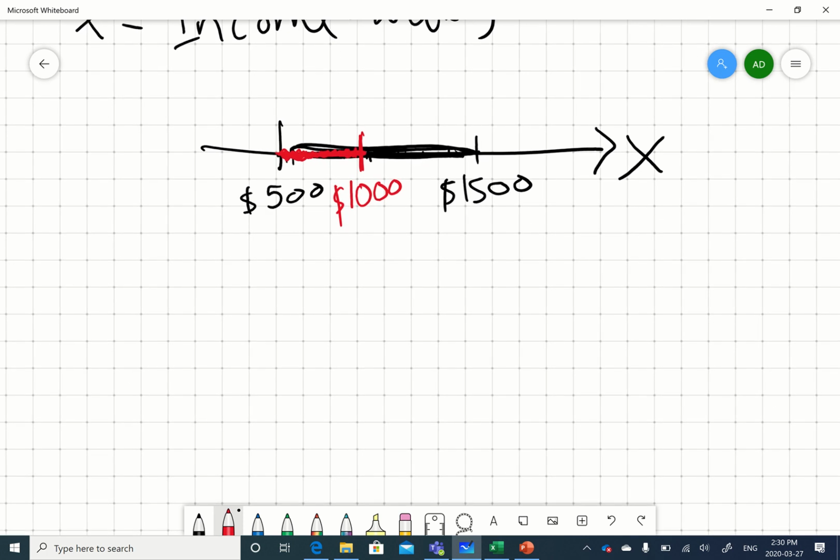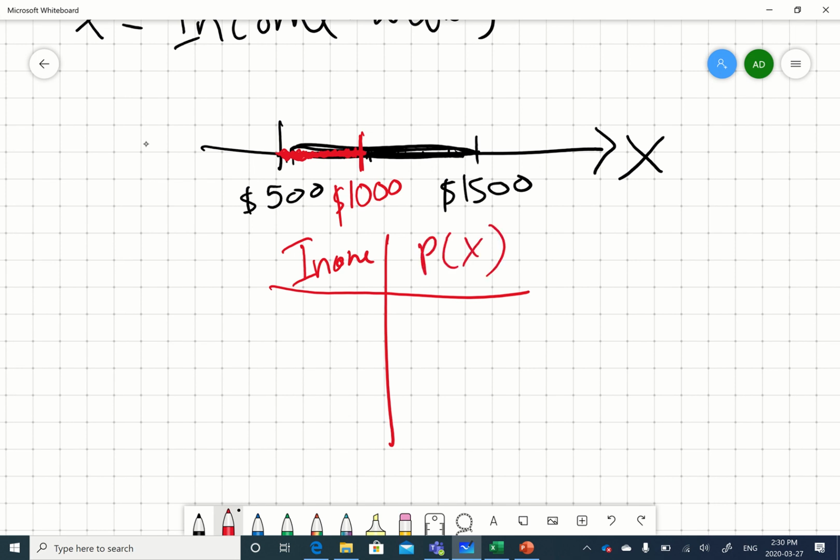We cannot list them in a table like we did for chapter 5. You cannot list all the possibilities here, because we know 1000 is a possibility, and 999 is a possibility, and we know there are infinitely many values between these two numbers as well, right?